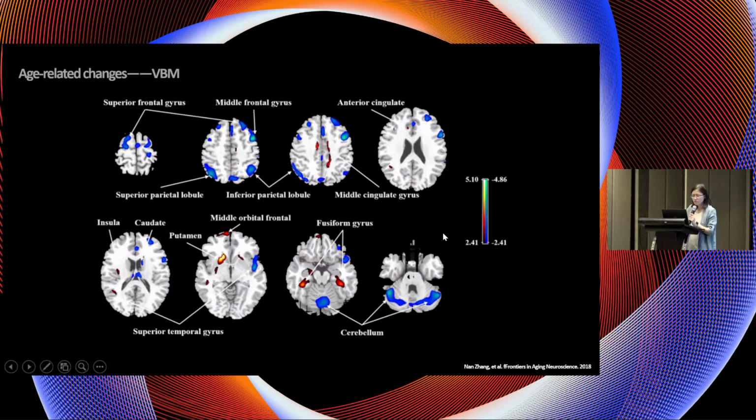Regions with relatively increased CBF include bilateral middle cingulate gyrus, left middle orbital frontal gyrus, bilateral putamen, and bilateral fusiform gyrus.